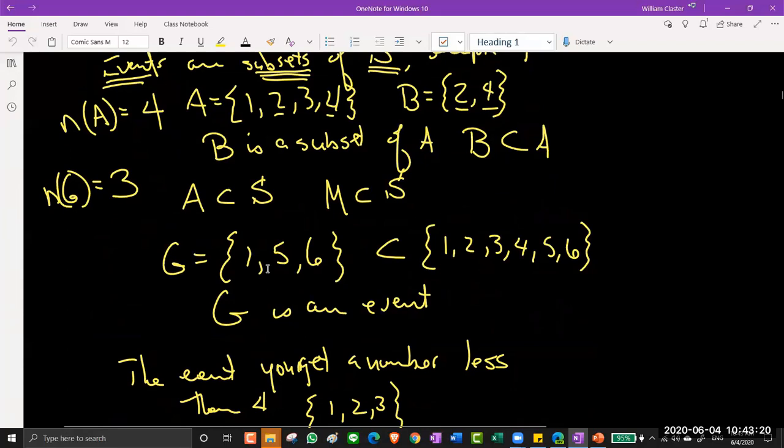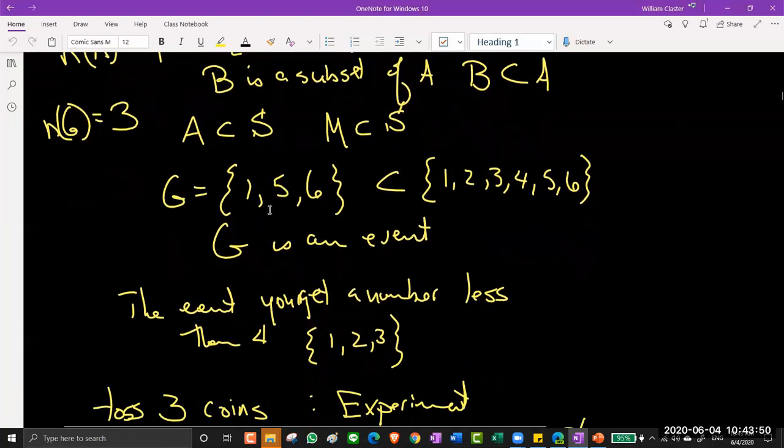And we remember that the concept of subset means that every element in this set is in this set, and so this is a subset. Since this is a subset of the sample space, we can call it an event, even though maybe it doesn't have a nice name like even number or odd number. It's still an event. We could just say it's the event of getting a 1, 5, or a 6.